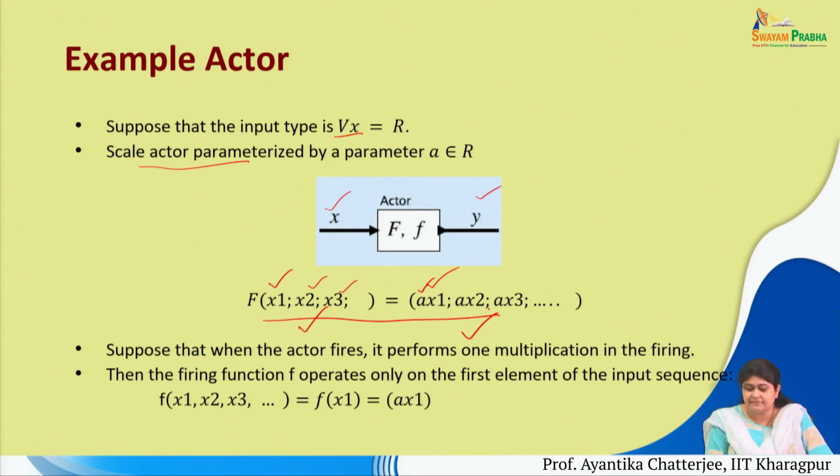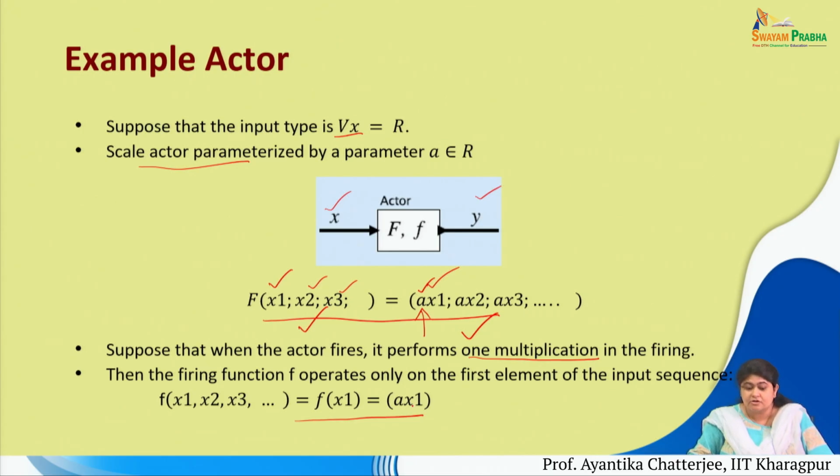For example, when the actor is firing, it performs one multiplication with the scaling factor. It takes that part of the input, which we can mark as a token, and that token is scaled by the scaling factor, the parameter stored in this actor.